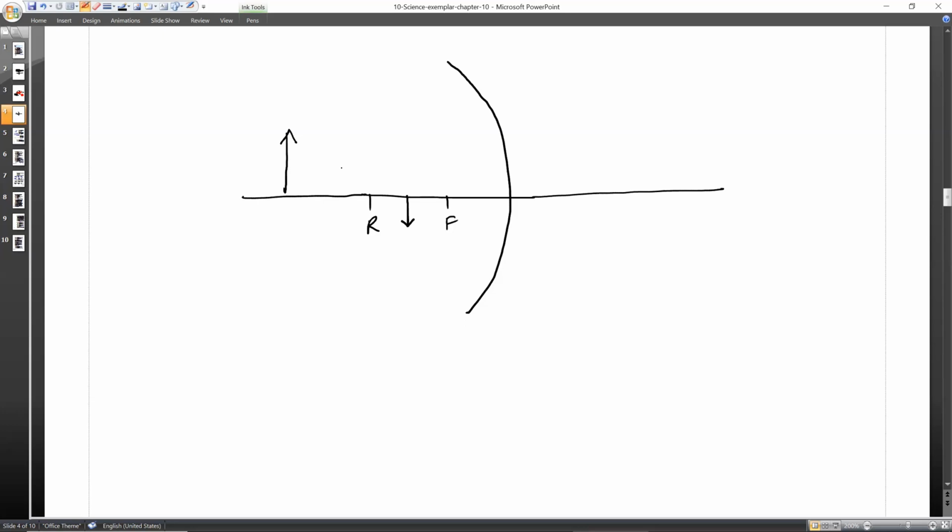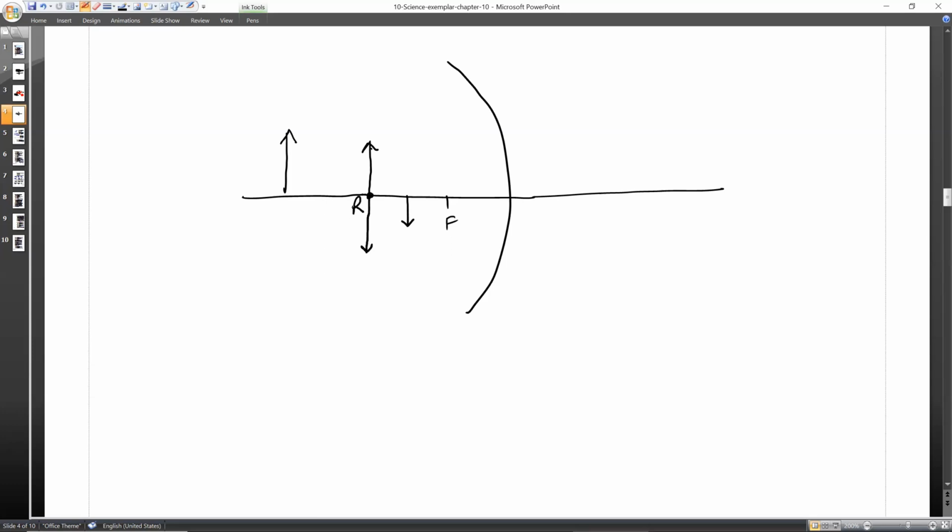If I put the object exactly at R, what will be the image formed? It will be of the same size as the object.